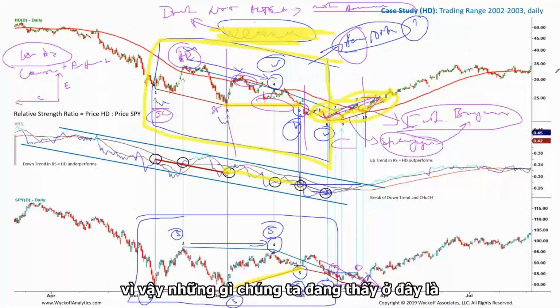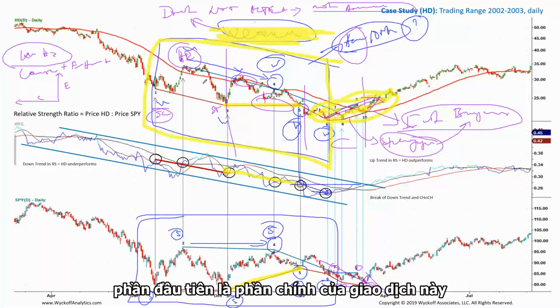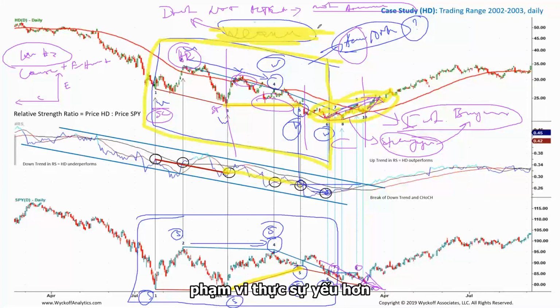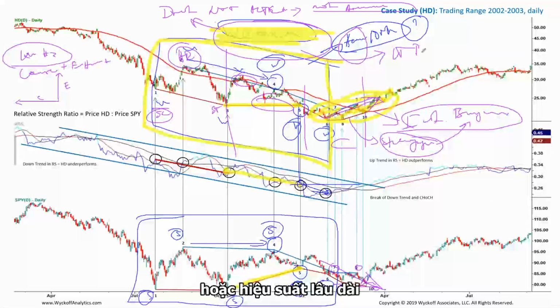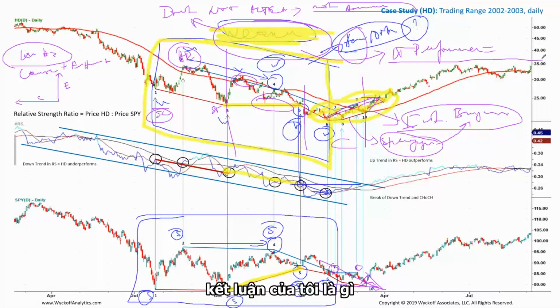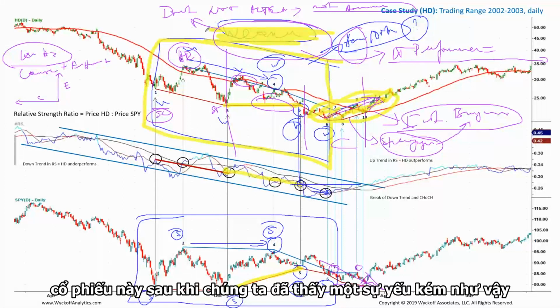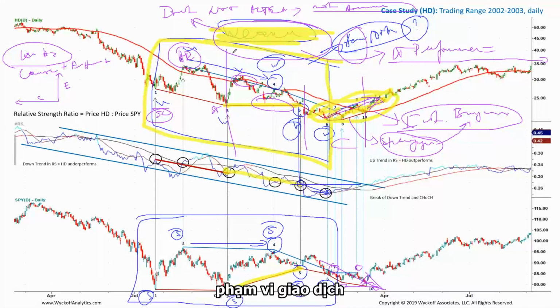So what we're seeing here is the major part of this trading range is actually weaker than the market. So if I would be thinking about the long-term picture, Adam, or long-term performance, what would be my conclusion as to the potential long-term performance of this stock after we've seen such a weak trading range develop?